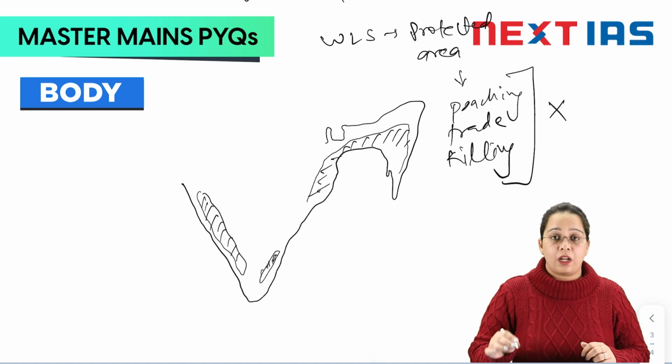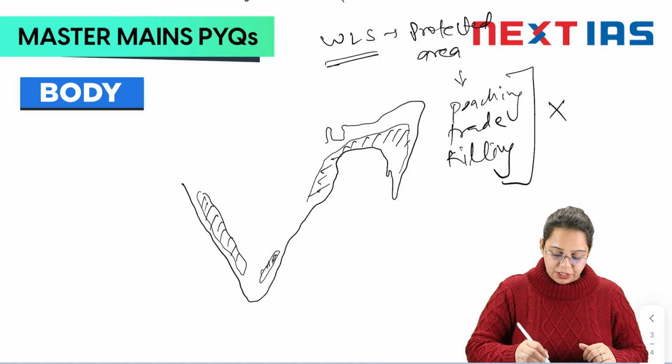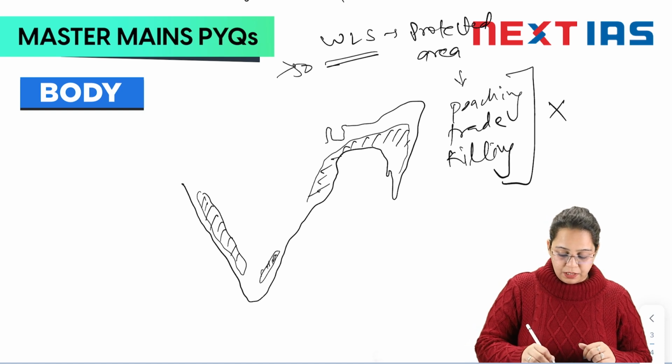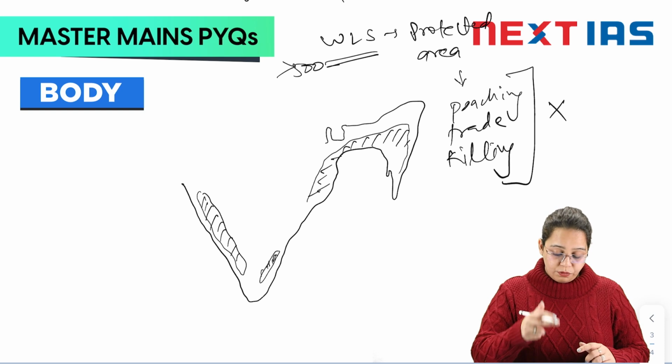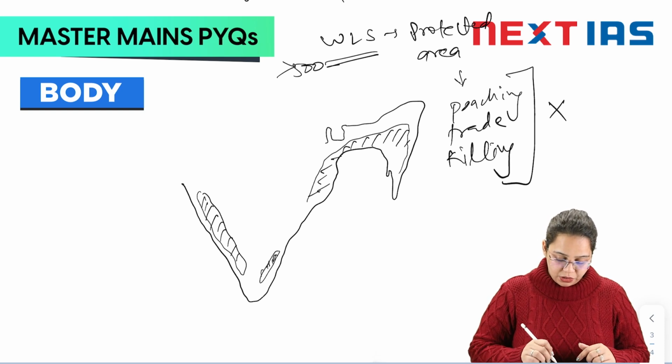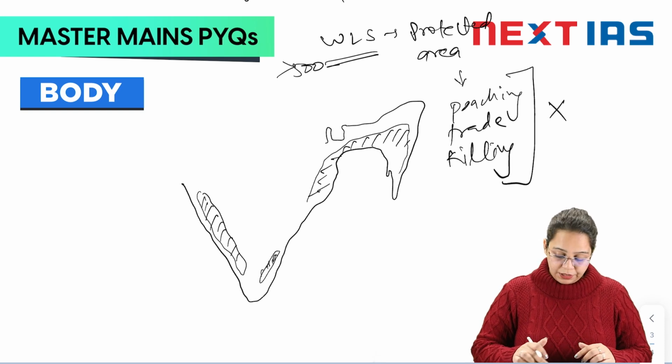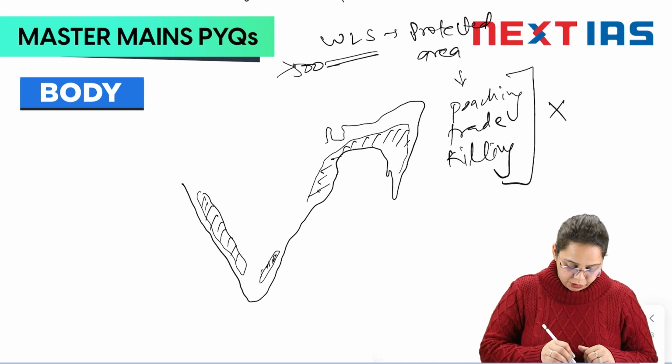These things are not allowed. In India there are more than 500 wildlife sanctuaries. So we need to see how these wildlife sanctuaries are protecting the rainforest areas in India.